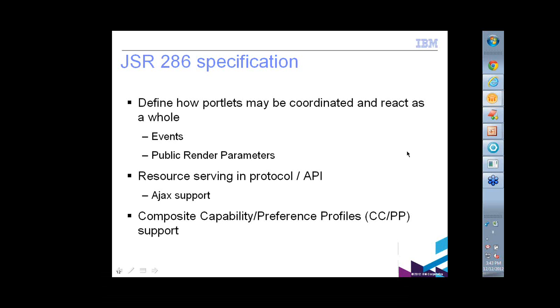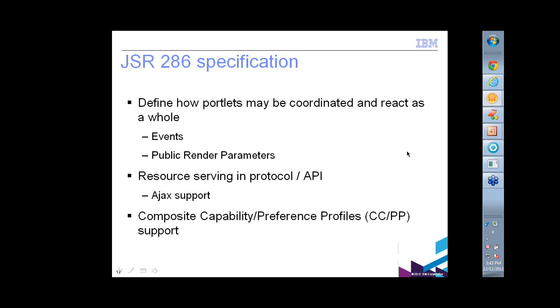A quick reference to the composite capability preference profiles, which is CCPP profile or CCPP support, which essentially allows you to have information regarding the client. Now this is a very significant feature, now that we are developing portal and portlets for mobile devices. I as a portlet developer can use the CCPP profile to not only know what the request is coming in from, but also know the kind of device it is coming in from.